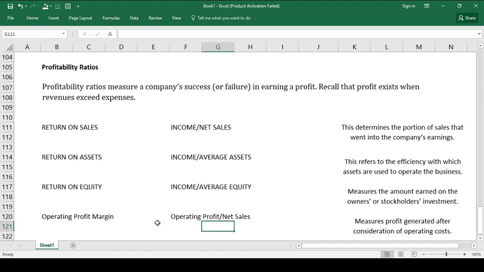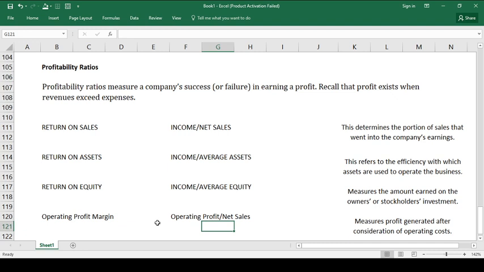For return on assets naman, income over the average asset. O, nandiyan na naman po yung word na average. Again, take note, once we compute the average, we consider the beginning and the ending balance, then divide it by 2. If the beginning balance is not provided, we will assume that the ending balance is the average balance. The return on asset refers to the efficiency with which assets are used to operate the business.